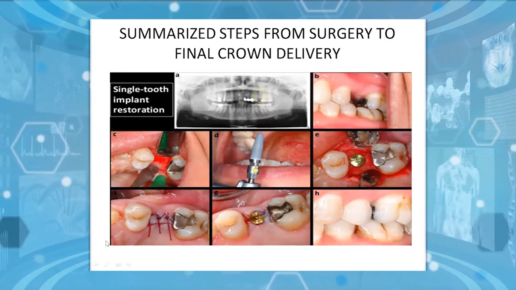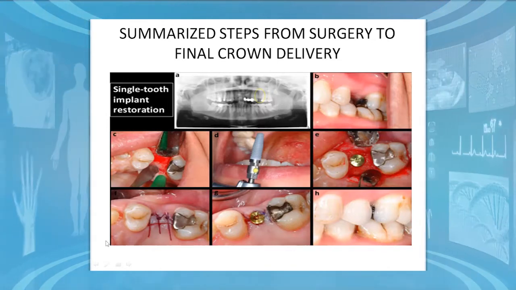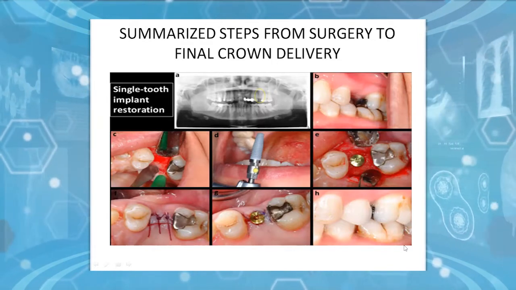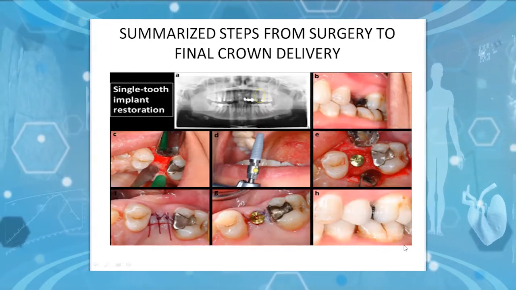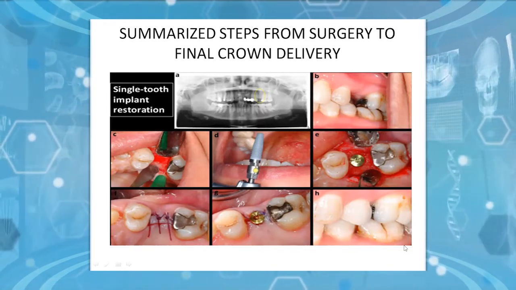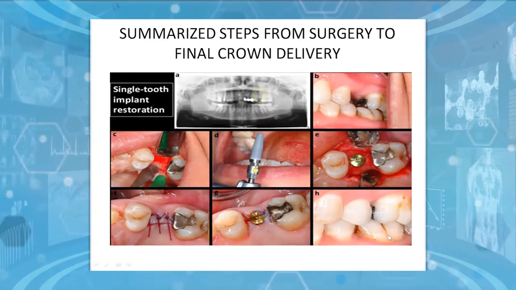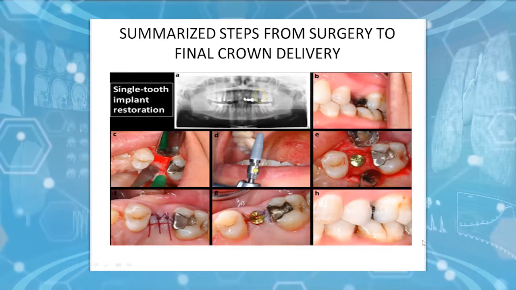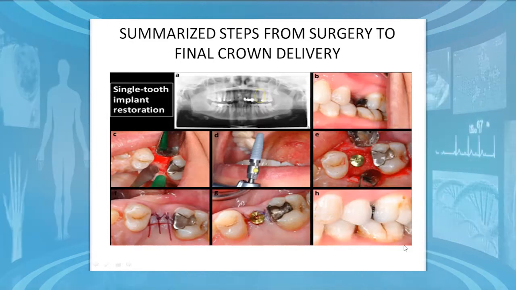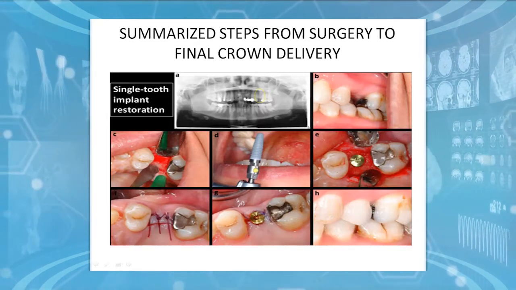You can see the very small healing abutment on that black filling. The sutures have been placed to cover the wound and the implant. And finally, these are the summarized steps used during the implant therapy on the patient who was missing a maxillary left first molar.